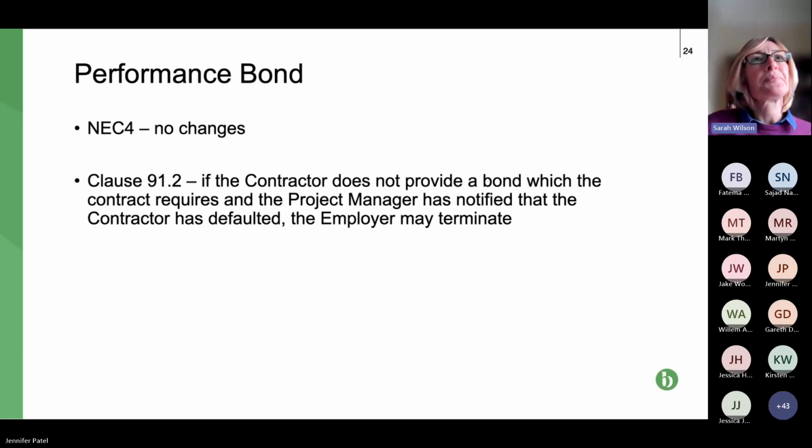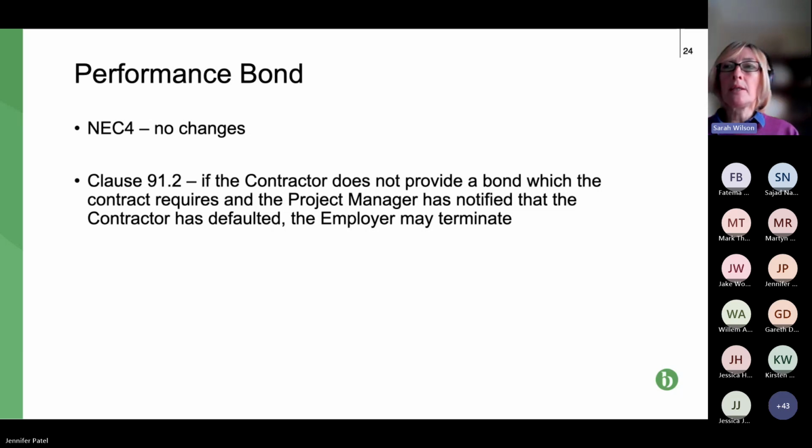at completion. And again, as with the parent company guarantee, it is the wording of the bond and what it says that is important. I can tell you what a typical bond would say, but you need to carefully review the wording.